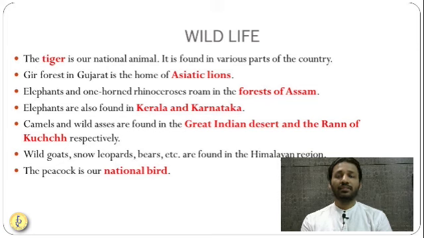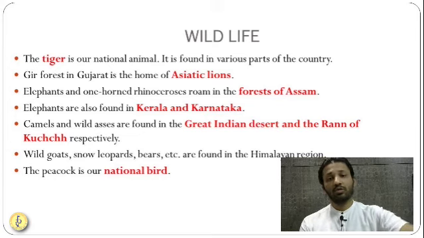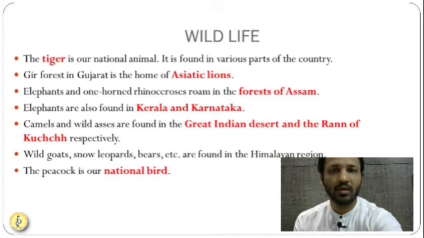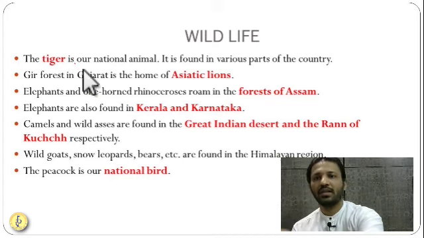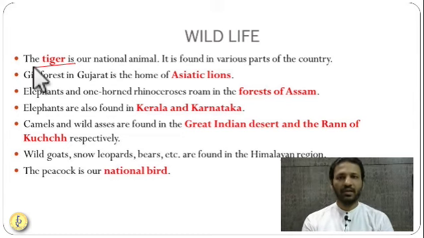Now, as we have seen, wildlife is directly dependent upon the forest. So there are certain facts given in this NCERT which can be utilized in the exam or which can be asked in the prelims. These facts are also given in the India Yearbook, but they are not mentioned somewhere in any other book. Like our national animal is nothing but a tiger.